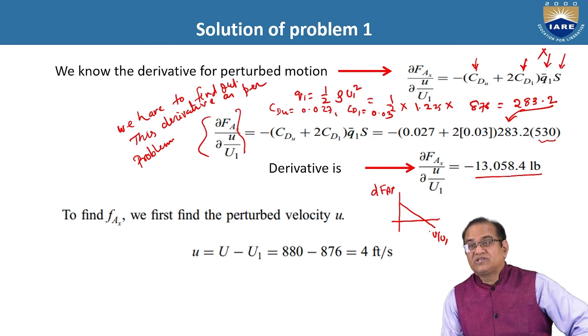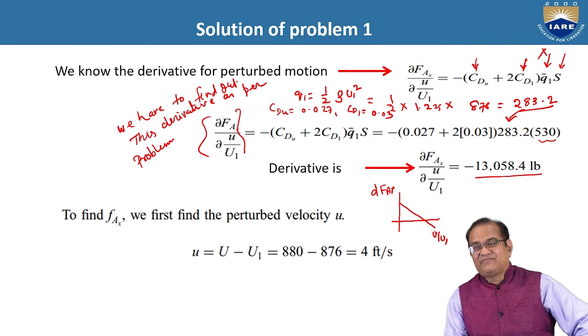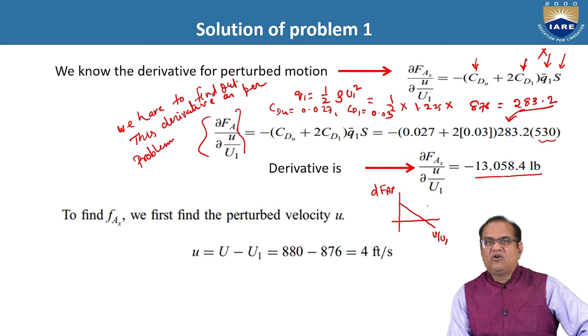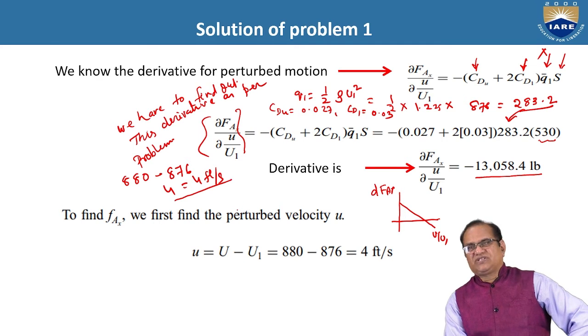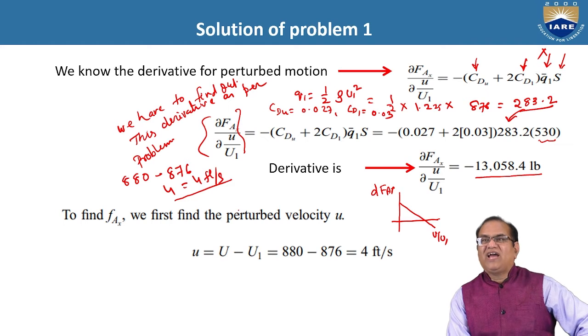So how much force do we require? We have to find Fax, the perturbed force. Once you have changed from 876 to 880, it is 4 feet per second that the small u has increased.